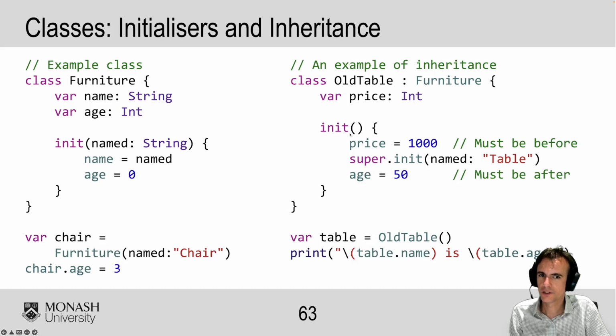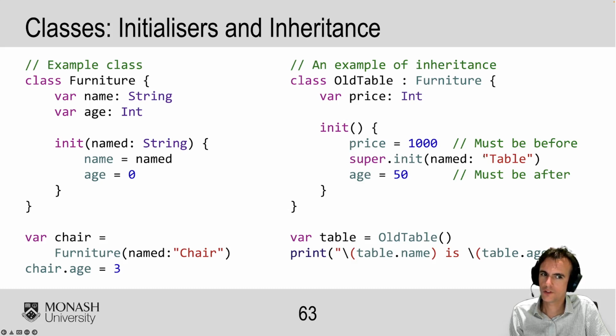So here's the initializer. We have to initialize things that are only part of the subclass before we call the superclass's initializer. And we can do that here. So we initialize, we need to call the superclass's implementation. We do that via this super keyword and just call the initializer.